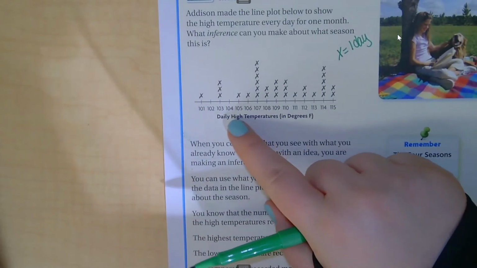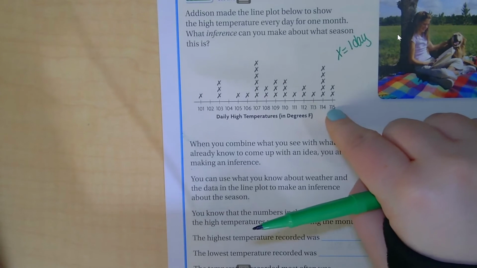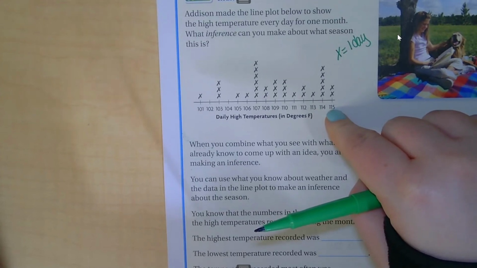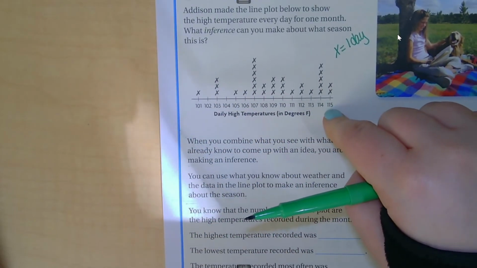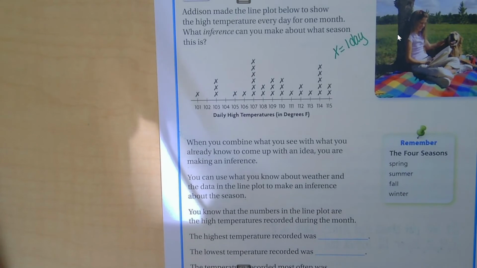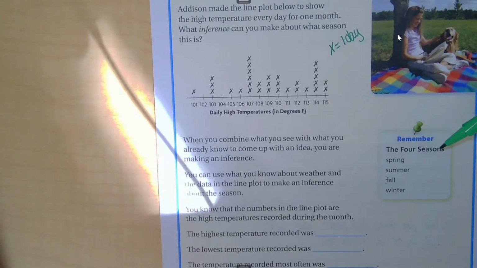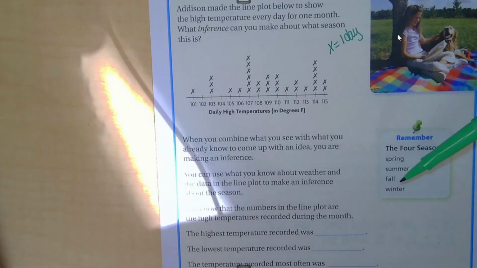Now look at these temperatures. These are extremely warm temperatures. So start thinking about what season it is when it's very, very warm. And to remind you, they have the 4 seasons down here: spring, summer, fall, and winter.